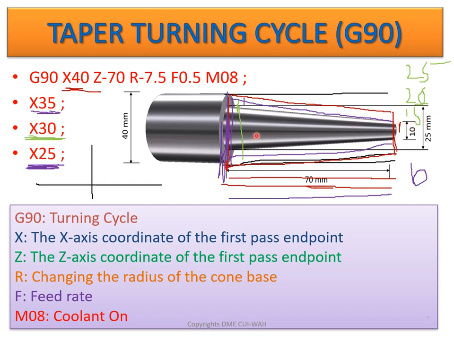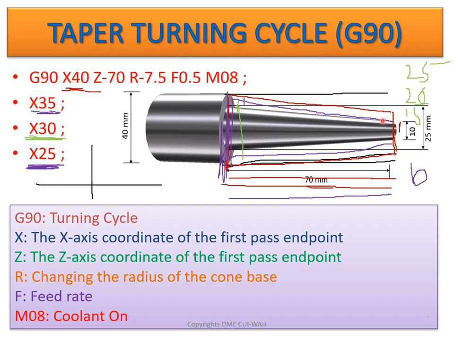Now in the last and final cycle, the diameter was reduced to 25 mm, which was our required diameter. This side is now reduced to 25 mm, and this side is reduced to 10 mm. So in four different cycles, we have reduced the diameter from 40 mm to 25 mm on one side and 10 mm on the other side with the help of the G90 taper turning cycle.